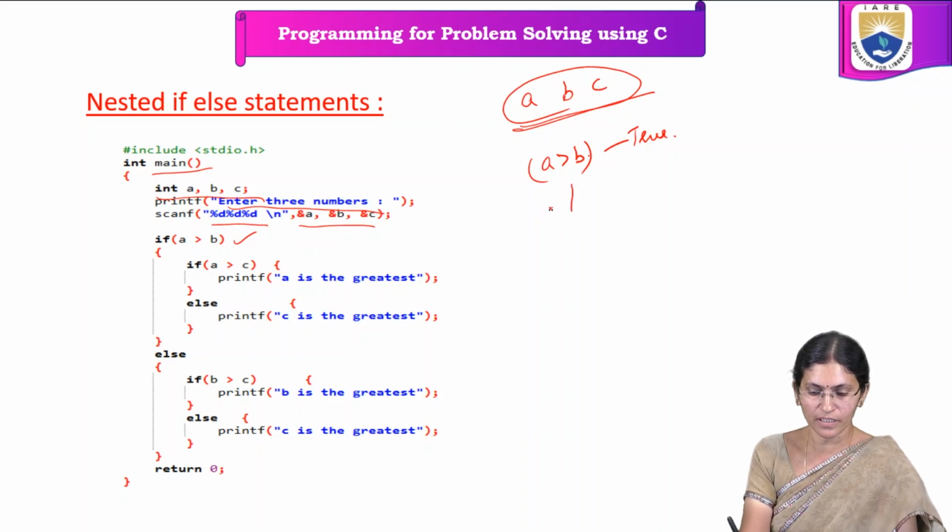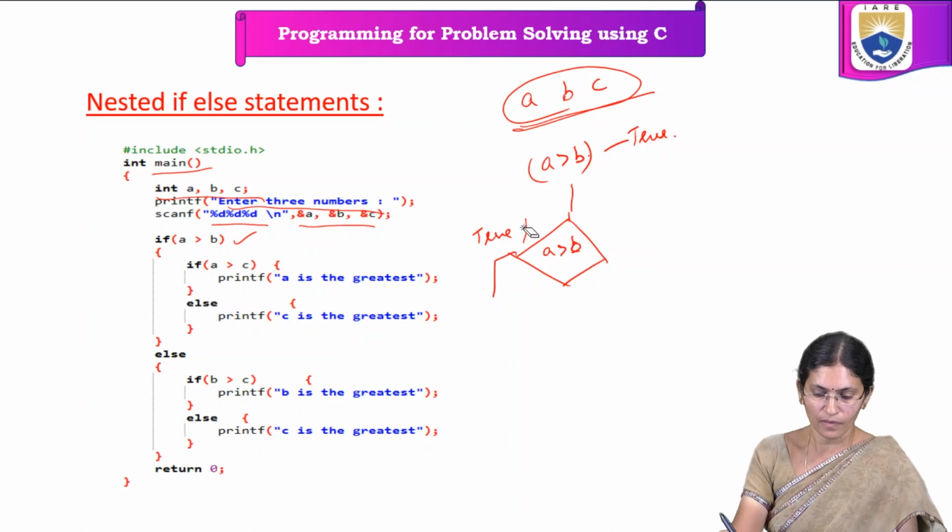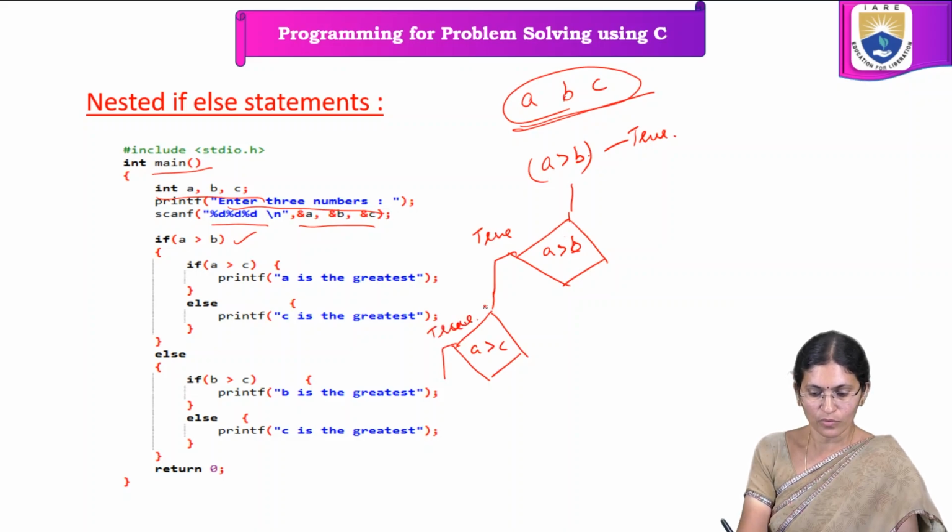We can understand it with the help of a flowchart. First, we have to read the three numbers A, B and C. The first condition it checks is if A is greater than B. If this condition is true, then it will check one more condition, that is A greater than C. If this condition is true, so A greater than B, A greater than C, that means it will print A is the greatest.